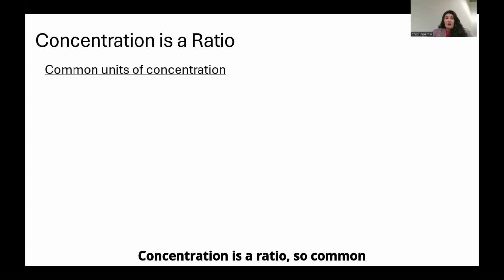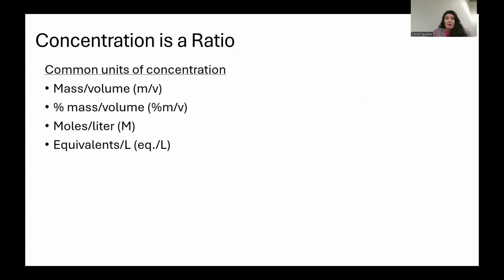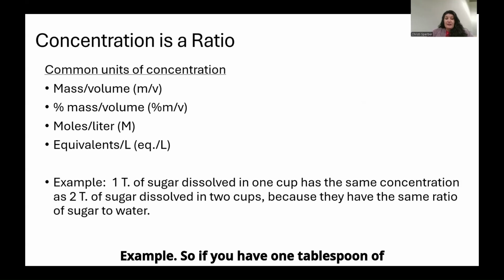Concentration is a ratio. So common units of concentration are mass volume, percent mass volume, moles per liter, and equivalents per liter. Example: if you have 1 tablespoon of sugar dissolved in 1 cup, this has the same concentration as 2 tablespoons of sugar dissolved in 2 cups, because they have the same ratio of sugar to water.